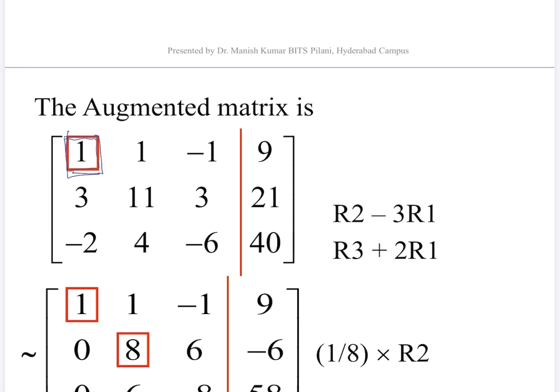pivot entry by red block, and then we make zeros in the same column below the pivot entry. So this 3 we will make as 0, and this minus 2 we will make as 0 with the help of elementary row operation.